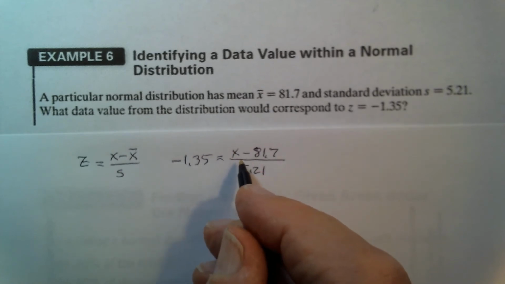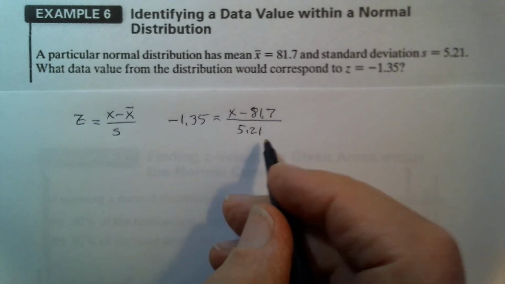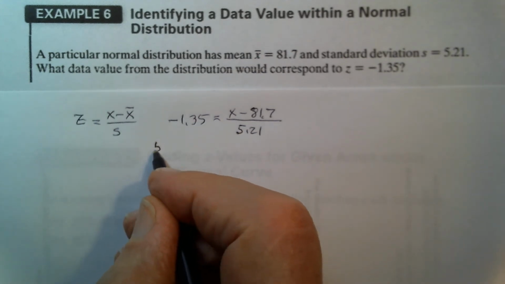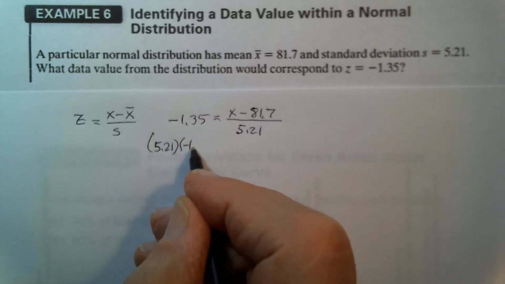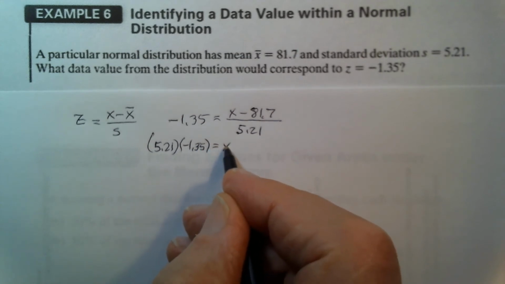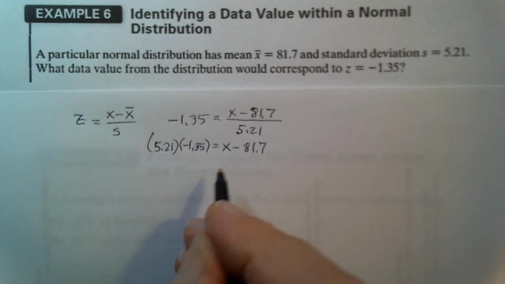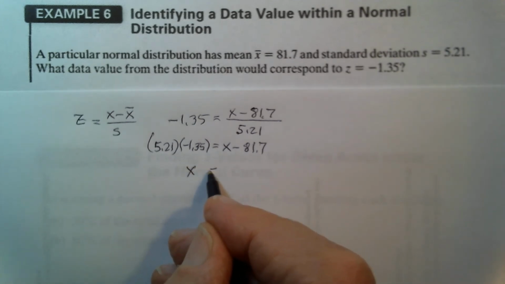So we solve this equation by multiplying both sides by the denominator of 5.21. So 5.21 times minus 1.35 equals x minus 81.7.